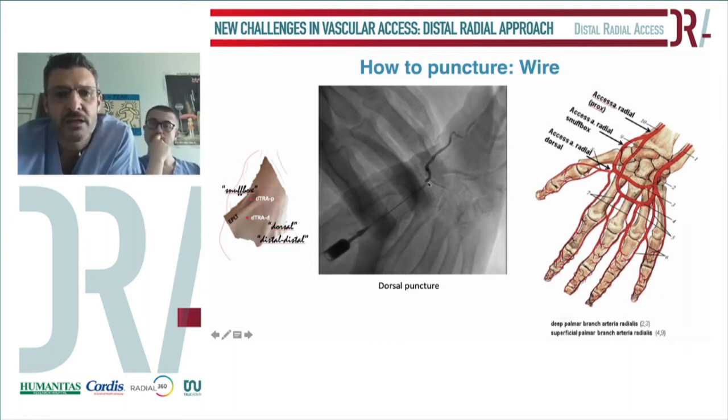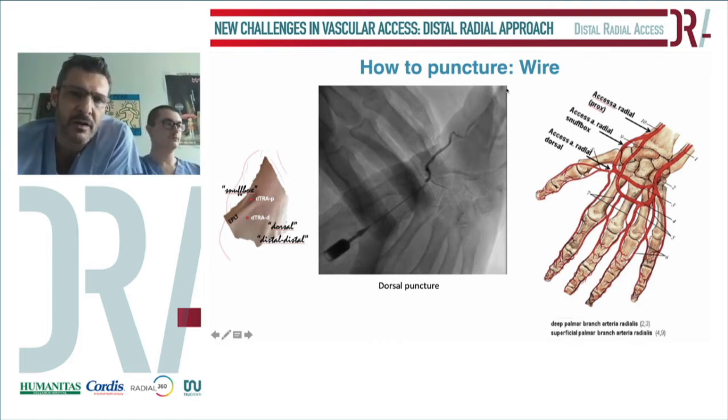So in this case, you can have several tortuosities. So it's better to advance a spring coil, and in case of difficulty, you should never push the wire. You can change with a safer wire or with a coronary dedicated guide wire in order to advance the wire through the forearm. And this is the dorsal branch.